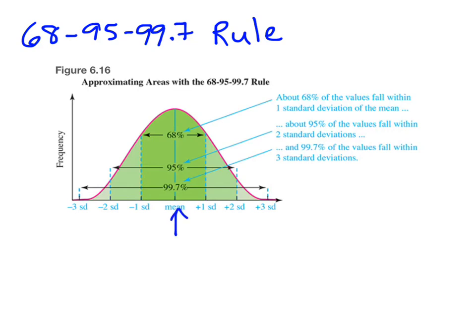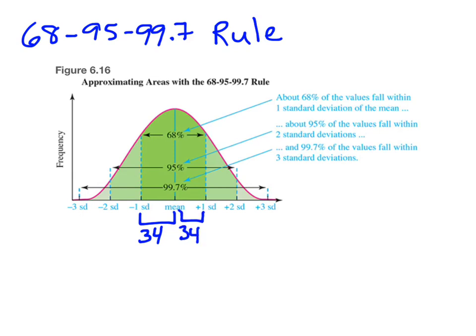So here's the mean in the middle, and from one standard deviation below to one standard deviation above, that's where 68% of the data will fall. Because this is symmetric, we can split that in half, and we know that 34% of the data roughly is up to one standard deviation below the mean, and 34% is up to one standard deviation above.